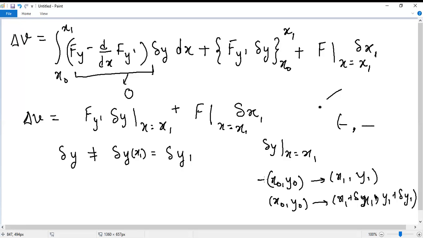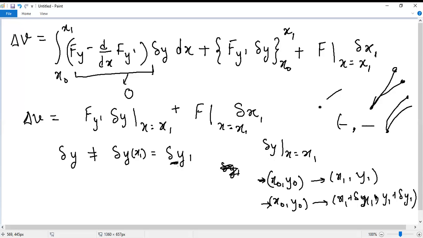So you see that this is one extremal and this is the other extremal. When the extremal passes from here to here, at that time the change in the ordinate is denoted by this quantity. And it is not just delta y1.